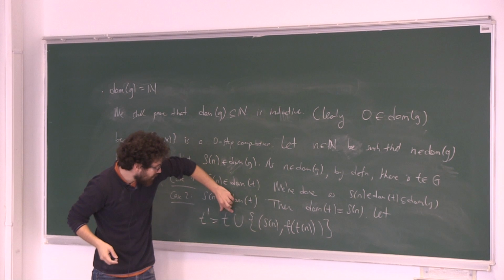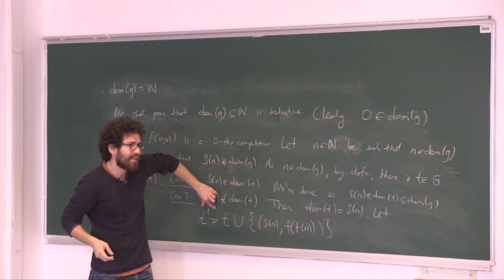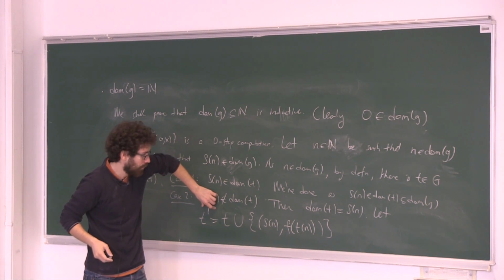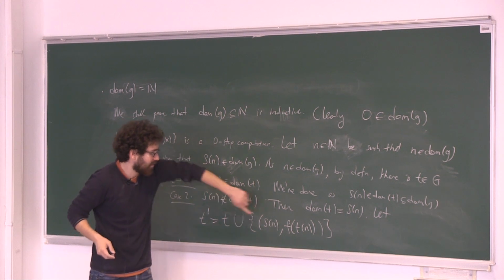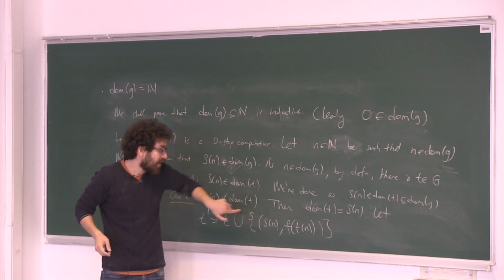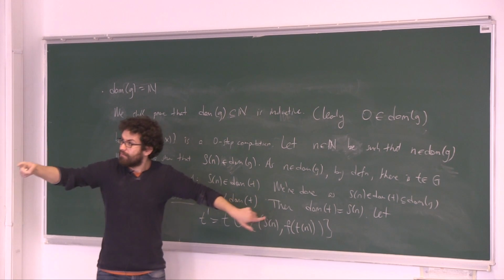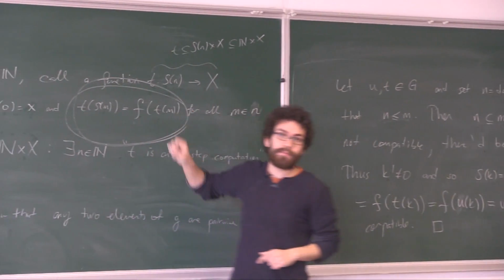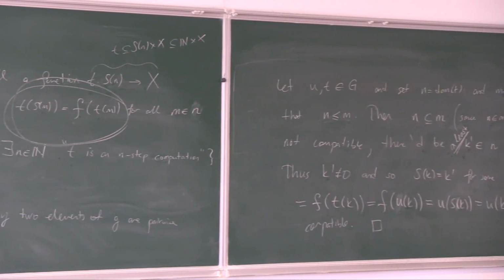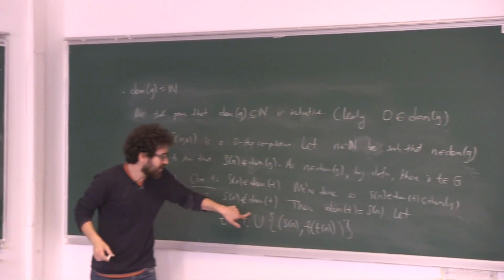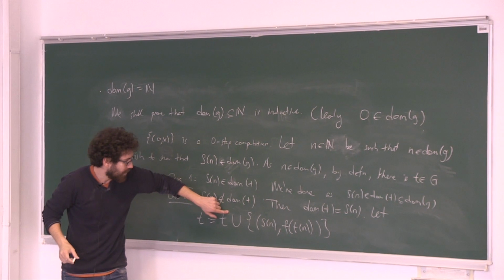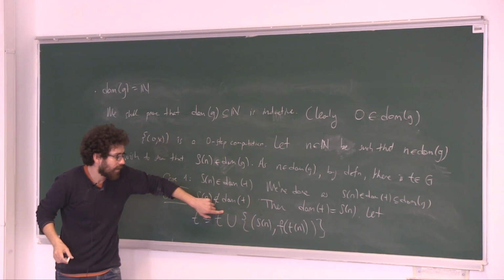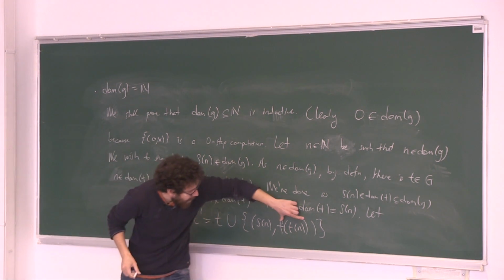I extend this function to another function whose domain is successor of n. So I just define it at the next integer as well. And I define it in such a way that this property is true: I take the value of this guy at n, and I apply f to it.